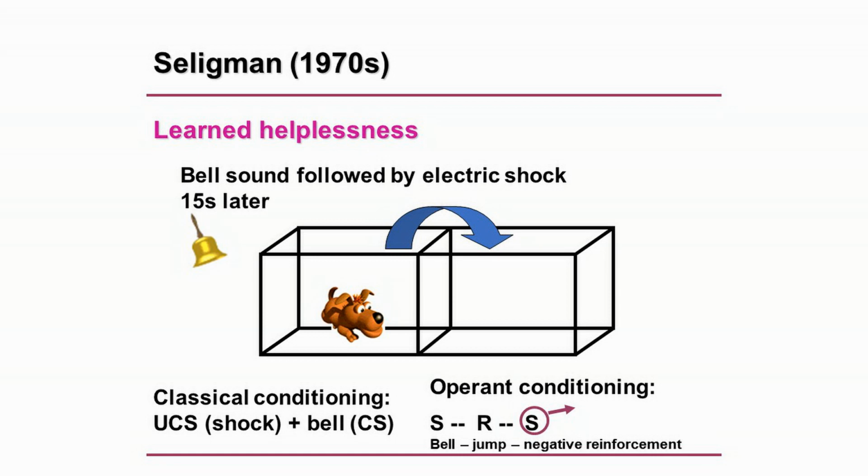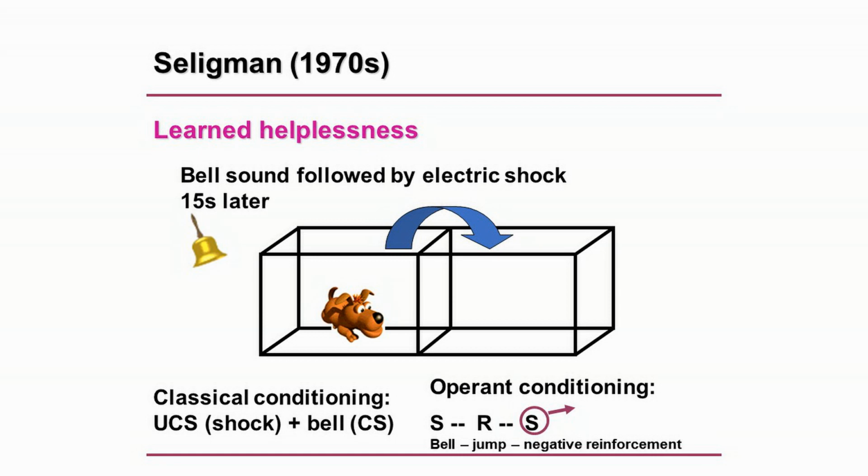And he said ultimately that he thought that the animals had learned helplessness, and he found that the way to get the dogs to ultimately learn how to jump the barrier, overcome the learned helplessness, was to physically assist them over the barrier. And Seligman, in the early part of his career, thought that learned helplessness was something that might occur in human depression. But for our purposes, just think about the procedure.